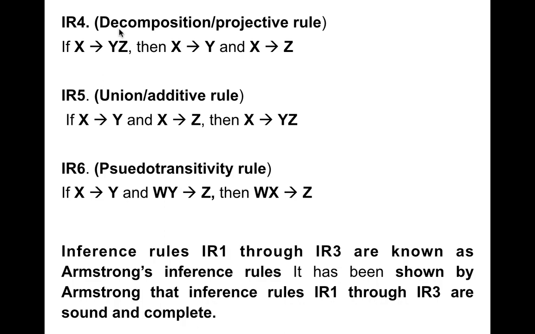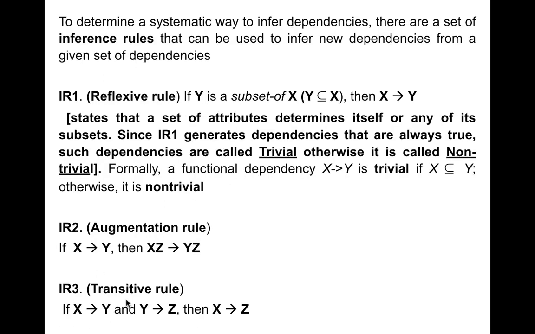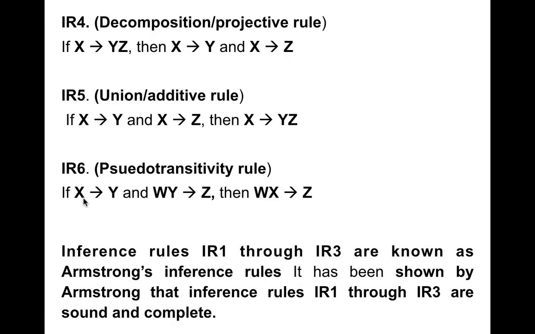Then the fourth rule: if X gives YZ, we can decompose that and say X gives Y and X gives Z. Then the union rule: if X gives Y and X gives Z, taking the union of these two, we can say X gives YZ. Then there is the pseudo-transitive rule, which is actually derived from the transitive rule, which says if X gives Y and, adding W to Y, WY gives Z, we can say WX should be giving Z.